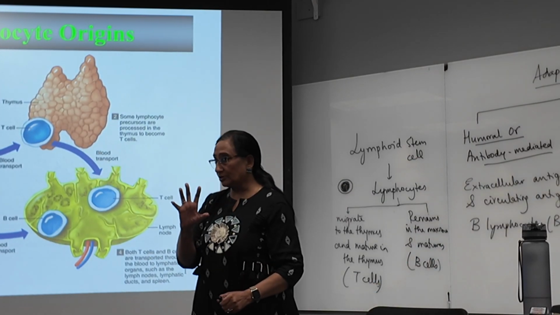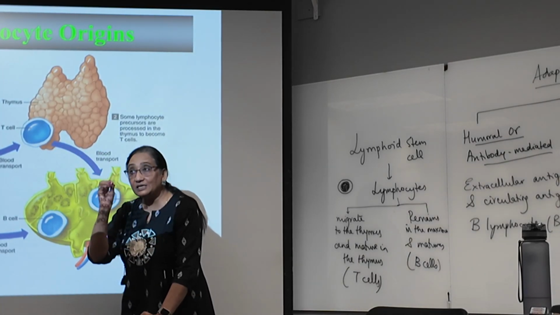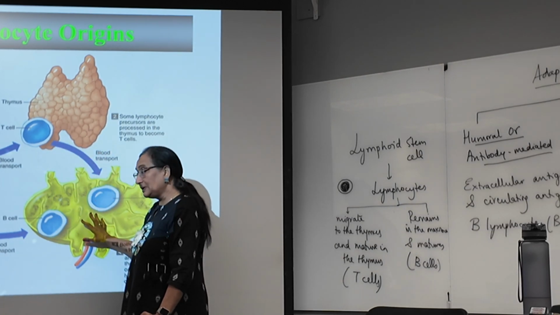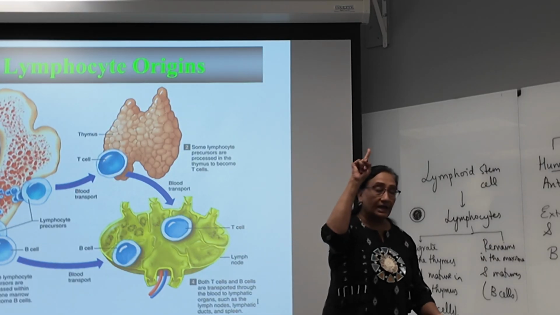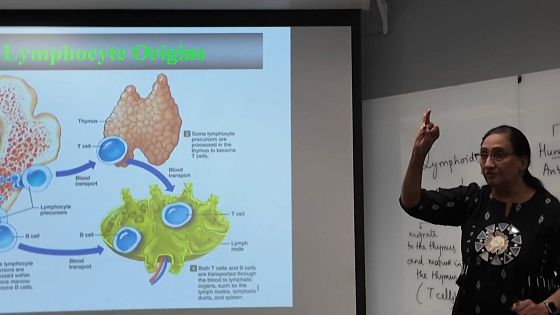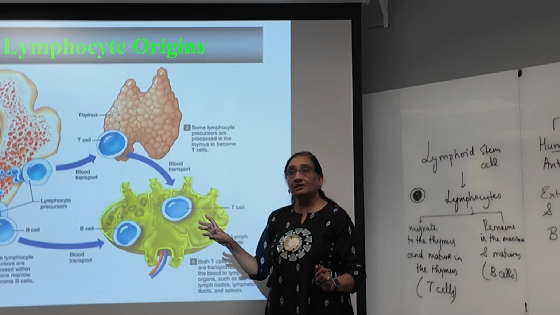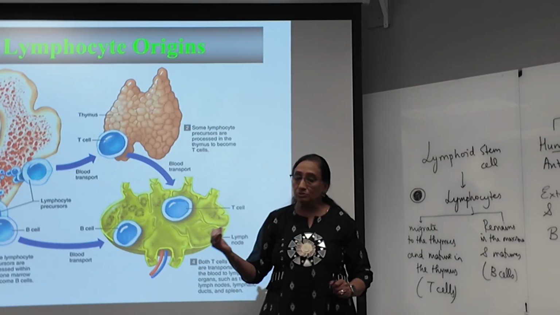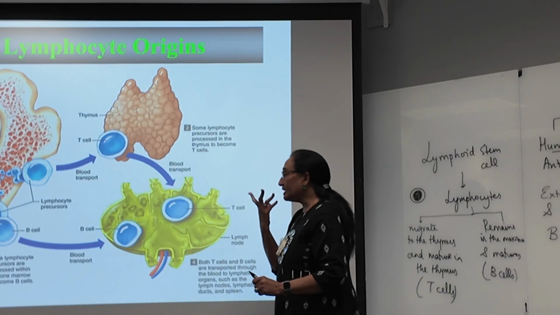Once they mature, these B cells and T cells will travel through the blood and lodge themselves in all the organs that we looked at: the tonsils, the lymph nodes, the spleen, everywhere. They'll go and sit there, keeping a watch as to what is coming into the body through the blood or through the tissues, or through your food and air.